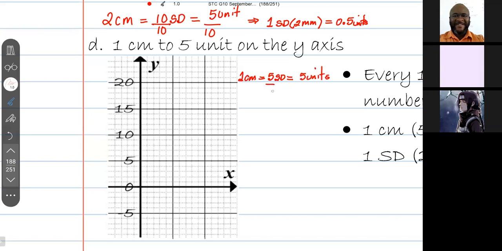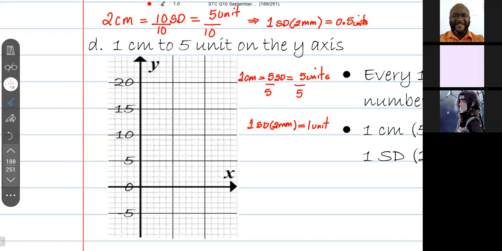If I divide both sides by 5, I get that one of these smallest divisions, which is 2 millimeters, is representing 5 divided by 5, 1 unit.